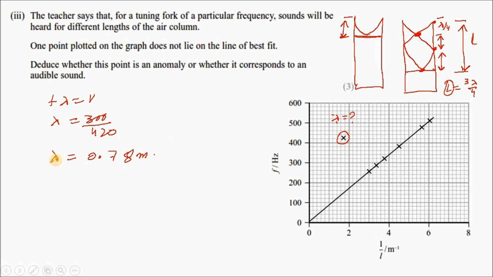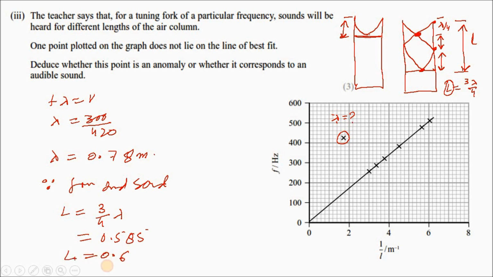And now put this lambda, since for second sound L is equal to 3 by 4 of lambda. Put lambda here, so you would have value 0.585, which is approximately 0.6. Round it off. This is value of L.